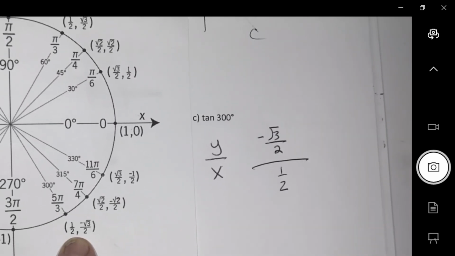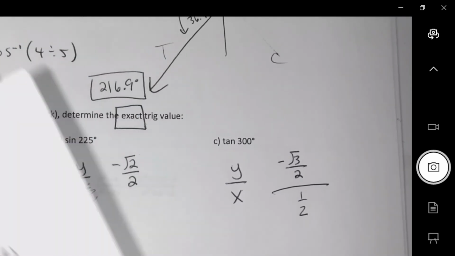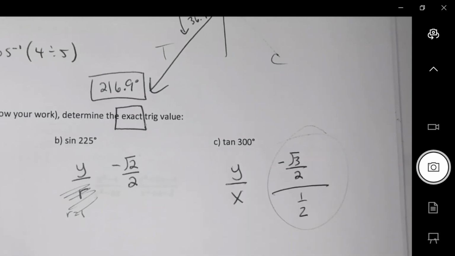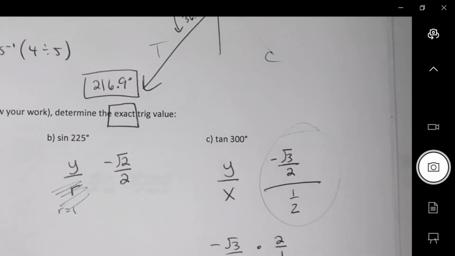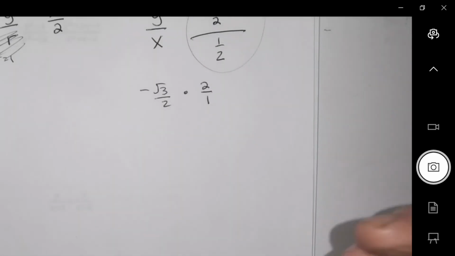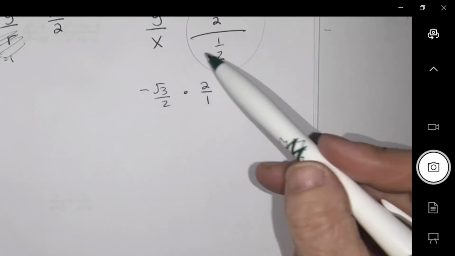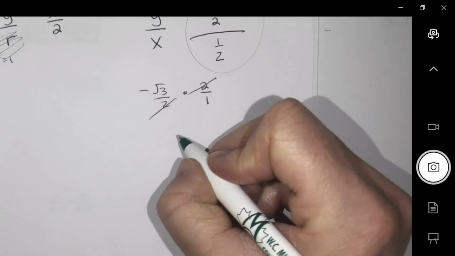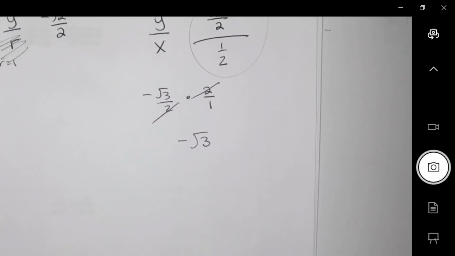So divided by a half. How do I do this process of dividing fractions? Do the flip multiply. What happens here? 2's can cancel. And there is my final answer.